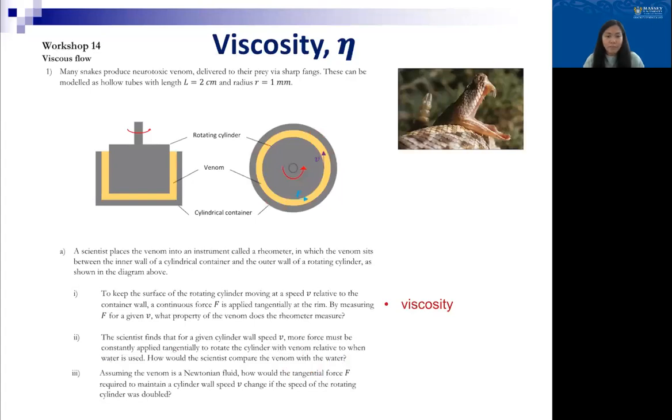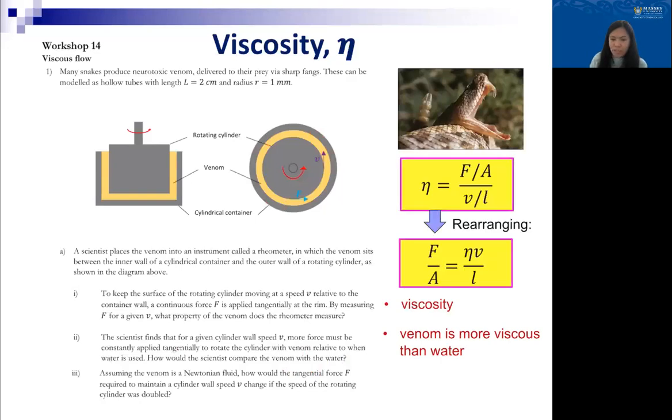Venom, right? Yeah, so the more viscous the fluid is, the more force you need in order to make that fluid move. That's of course given by our equation here, that the speed is proportional to the force, and the bigger the viscosity, the bigger the force you need.